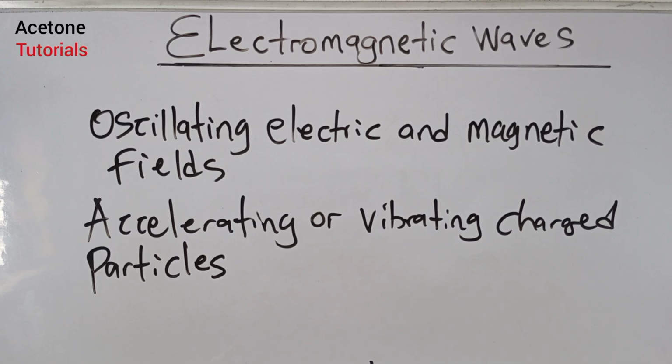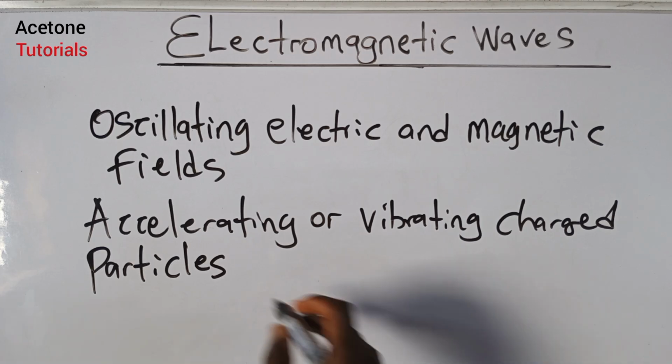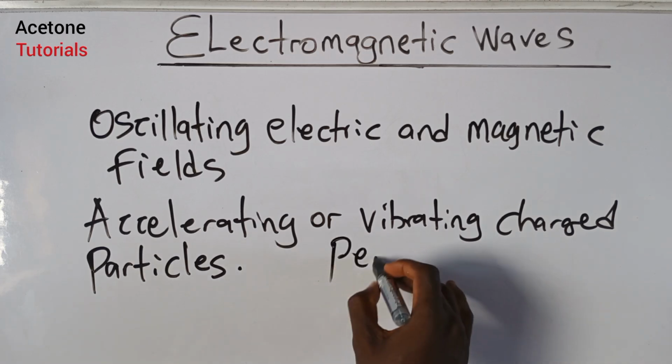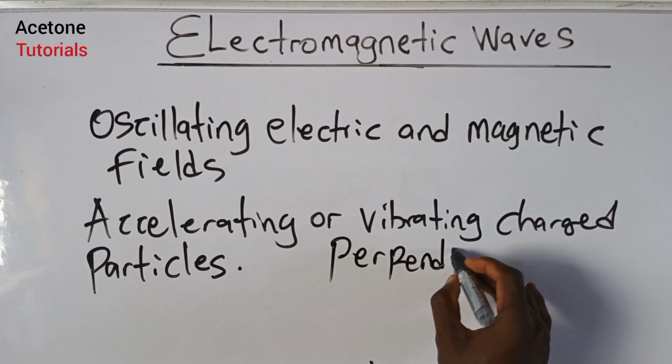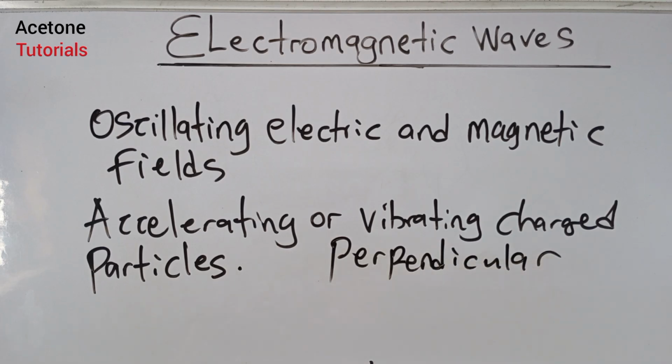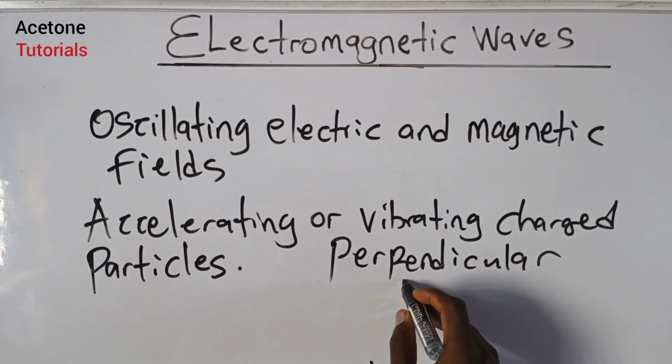The electric and magnetic field are perpendicular to each other. They are perpendicular to each other and also to the direction of propagation of the wave. So we have something like this.